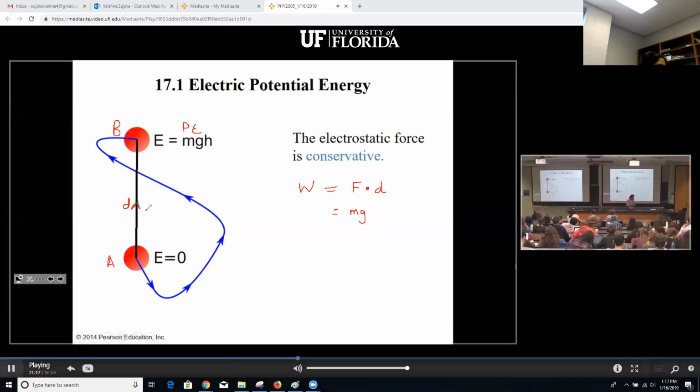So let's write that as some applied force upwards. And then times the displacement, and they are parallel to each other. So that takes care of the cosine theta that would have been required in the dot product. So I can write that distance d as my height h between A and B, yeah? So this is the work done in lifting an object from A to B, and that's equal to the negative of the potential energy, okay, by definition.